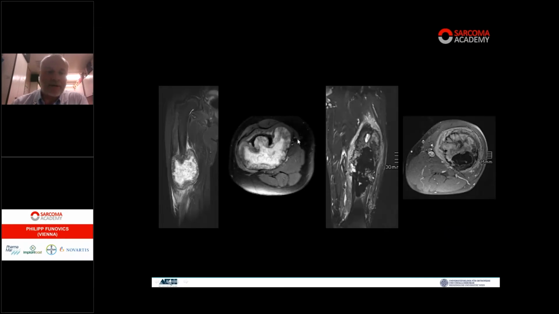Here are the correlating MRI images. This is the vast tissue expansion, which got bigger and bigger under neoadjuvant chemotherapy of the epithelioid sarcoma. And here you see the cortically situated osteoblastoma. Centrally, you see the residual bone cement from cementation, and a huge recurrence around it.